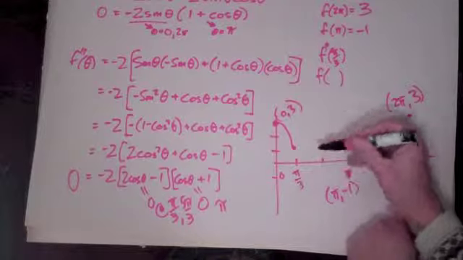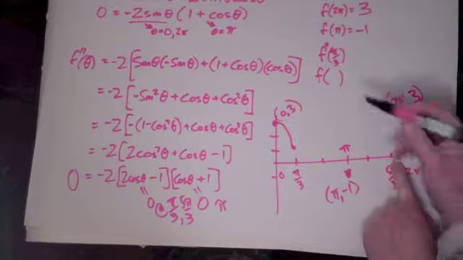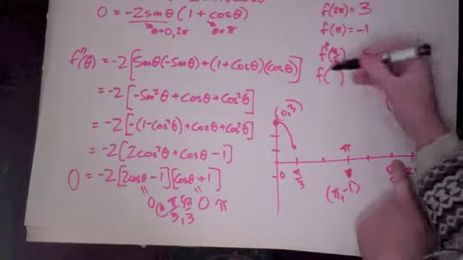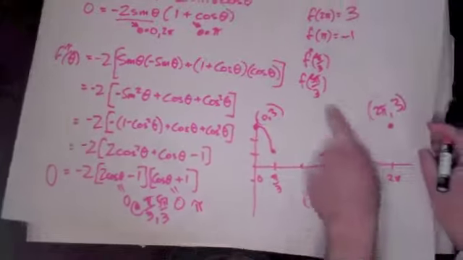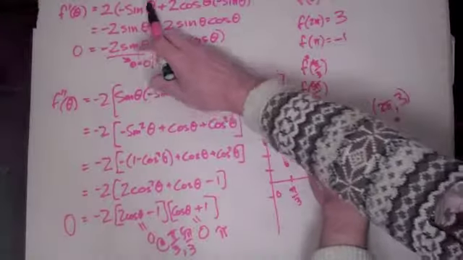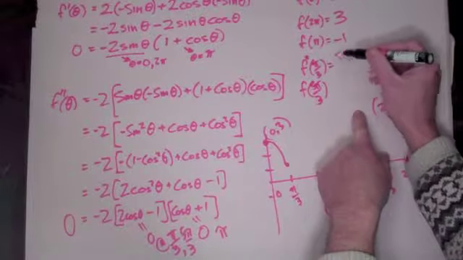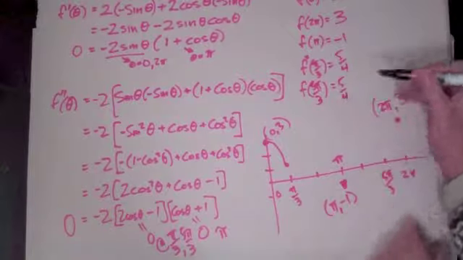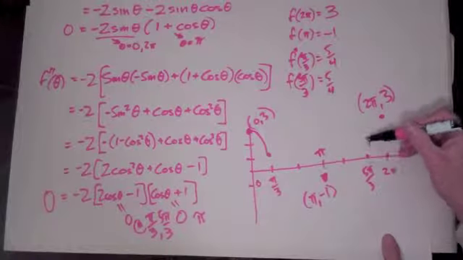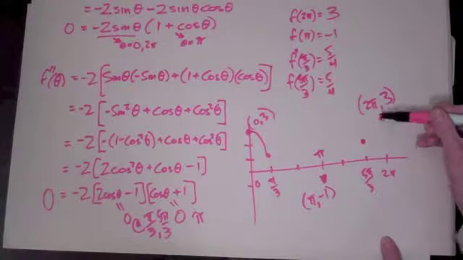There's pi over 3, and this is 5 pi over 3, and I plug that in, and for the exact same reason as pi over 3, I get 1 1/4 or 5/4. So I'm here and I go up 1 1/4 and I'm right there.